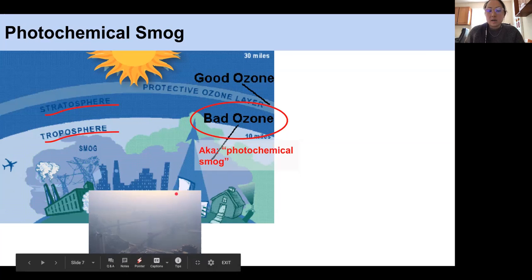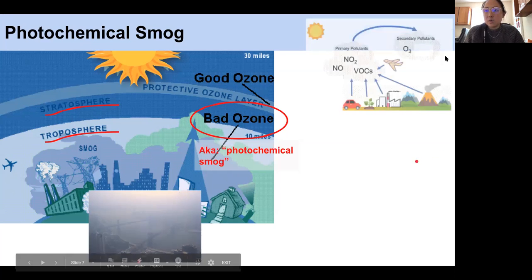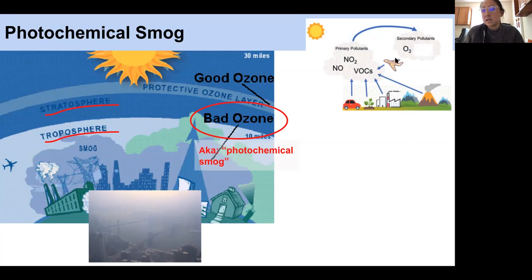It's a secondary pollutant, which means that it is formed first. What's released in the atmosphere is these nitrous oxides, so NO, NO2, and then also volatile organic chemicals are released in the air, which we talked about in the article.